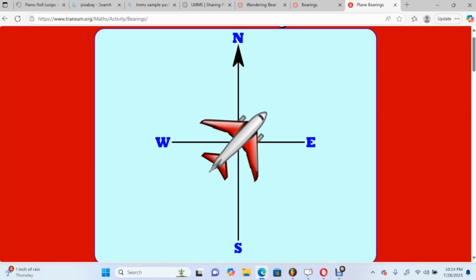Now the plane is facing northeast. State the bearing. Between north and east, will it be up to 90 degrees? No, it will be less than 90.